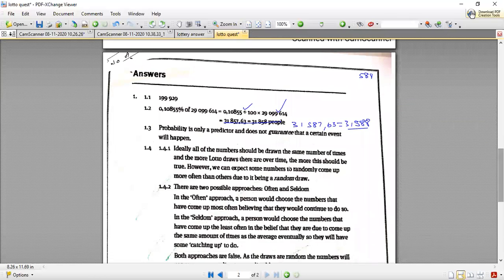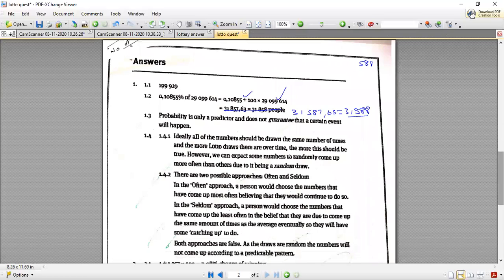So it's similar to question 1.3. If you look at this, we see that the numbers should ideally be drawn the same number of times. So that is the theoretical. And the more lotto draws there are over time, the more this should be true. However, we can expect that some numbers will randomly come up more often than others due to it being a random draw.